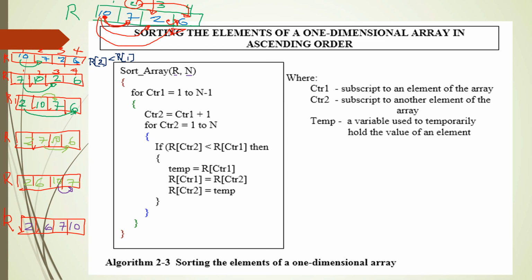Although you could have a different logic. You could have a comparison of R sub 1, the first counter, being greater than R sub 2, the second counter. So, anyway, for consistency with my pseudocode here, we will test the second element with its previous element. So, R sub 2 is less than R sub 1.